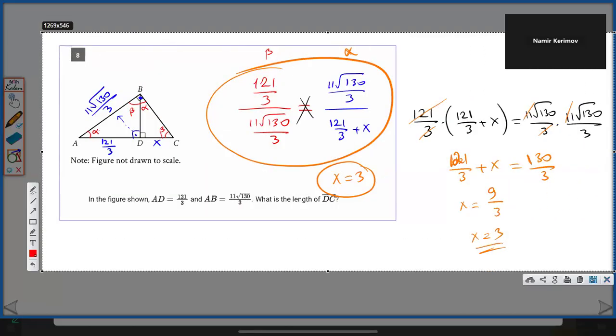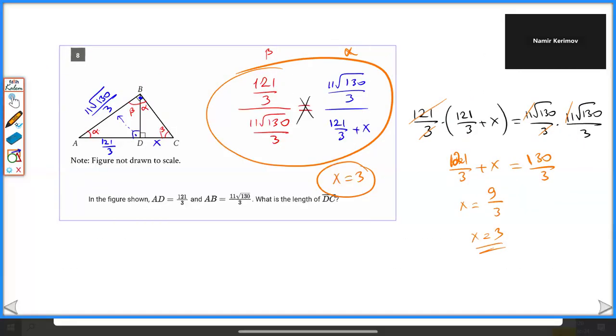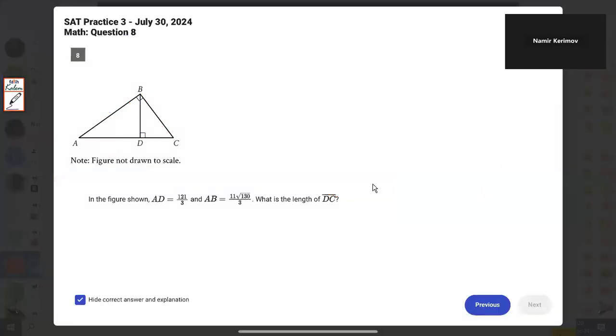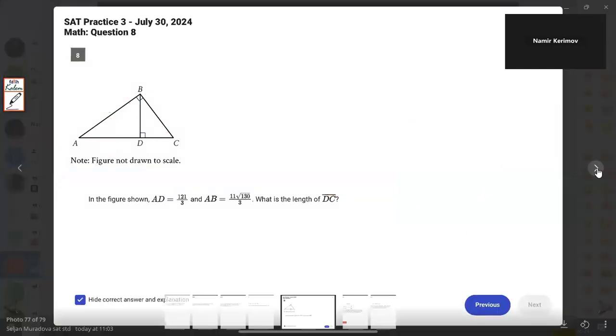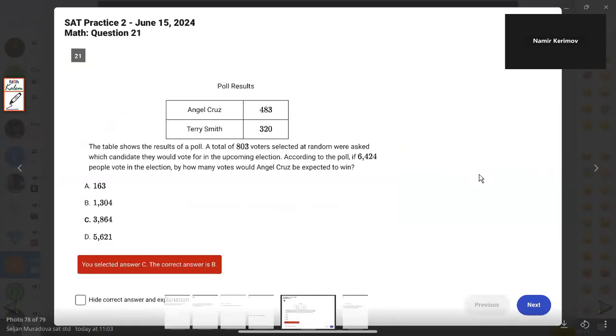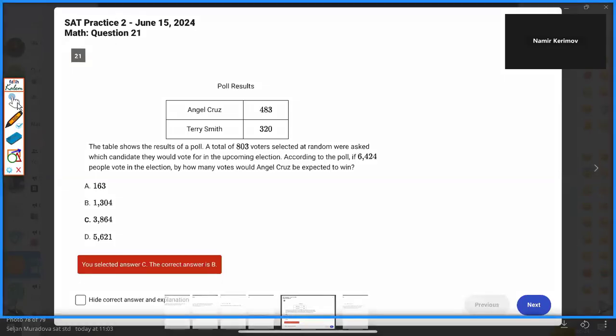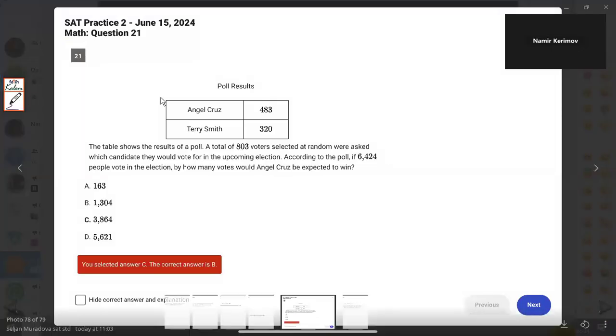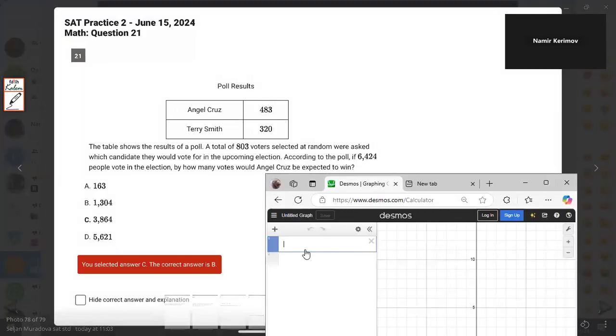So we didn't use anything but ratios. I did proportions. Okay, that time let me use decimals.